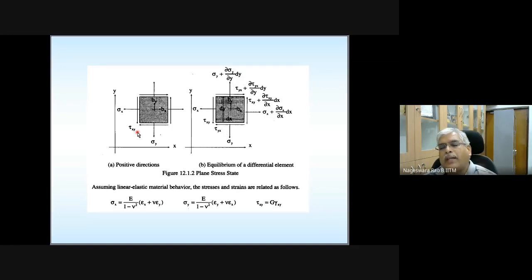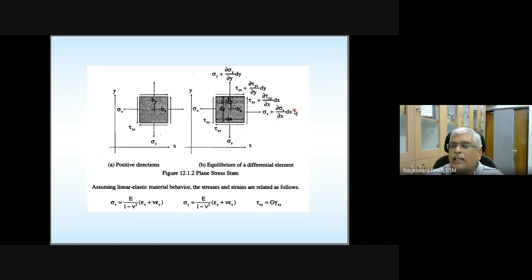So it has dx along x-axis, dy along y-axis, 1 unit along z-axis. For that element, the forces acting on all the faces are shown here. Why are these forces shown? Because I need to write the equilibrium equation for this element. That is how I am going to develop the relations.